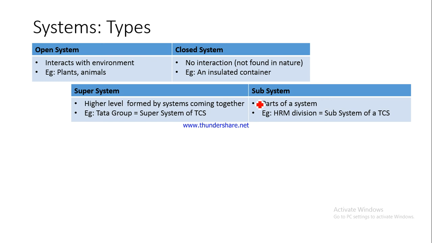Likewise, we have said that HRM division is the subsystem of TCS, because HRM division is within the TCS, it's one notch below TCS. We can always say that TCS is the super system of HRM division. So please remember these terminologies: system, subsystem and super system.